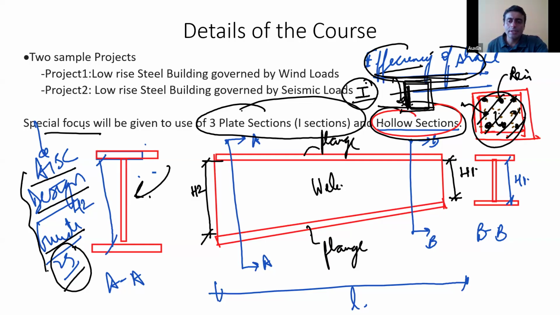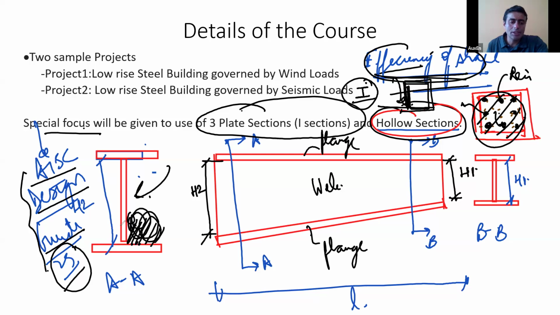Second advantage of using hollow sections is the aesthetic appeal. Aesthetic means it looks good. Hollow sections look neat and clean. And in many industries, if there is a problem with hygiene, then hollow sections are preferred, because in I sections, what can happen? Dust may deposit over here.